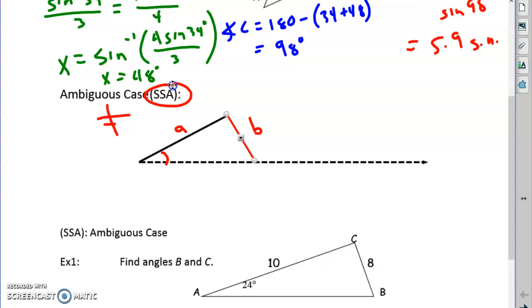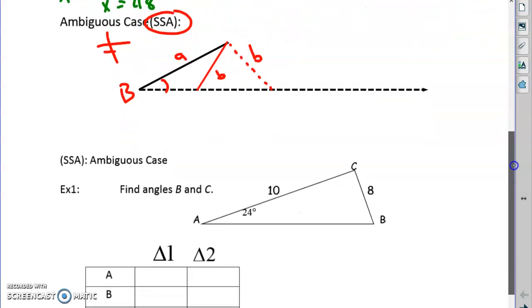If I took this side, hinged it into here, I would still have, let's call that a capital B, that angle, side, side, but a very, very different triangle than I just had a minute ago. So how do we use this law of sines to apply on this ambiguous case?